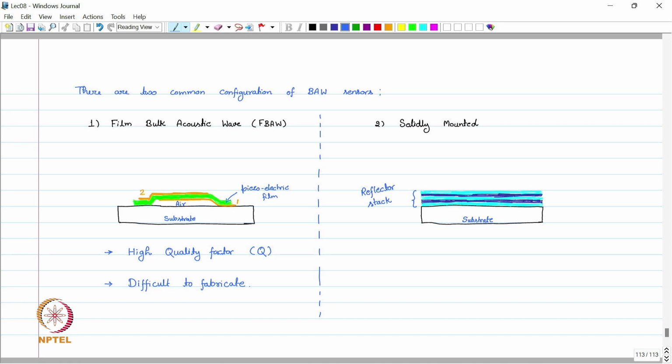Now once we have this reflector stack, on top of this we can fabricate our BAW device.